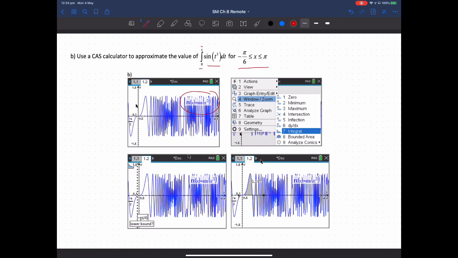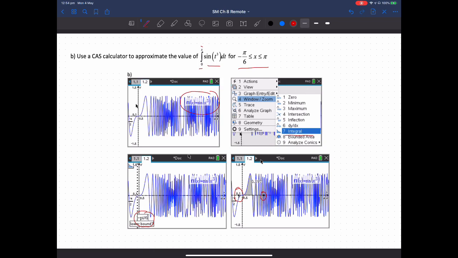We would then go to menu and we would go into the integrals again, and from the integrals, when we're analyzing our graph, we would enter in a lower value of minus pi on 6, and we would then have to put in the upper bound, and the upper bound would be pi.